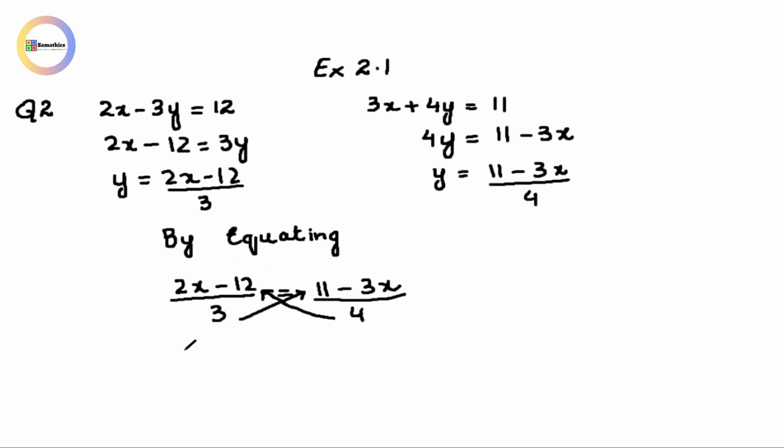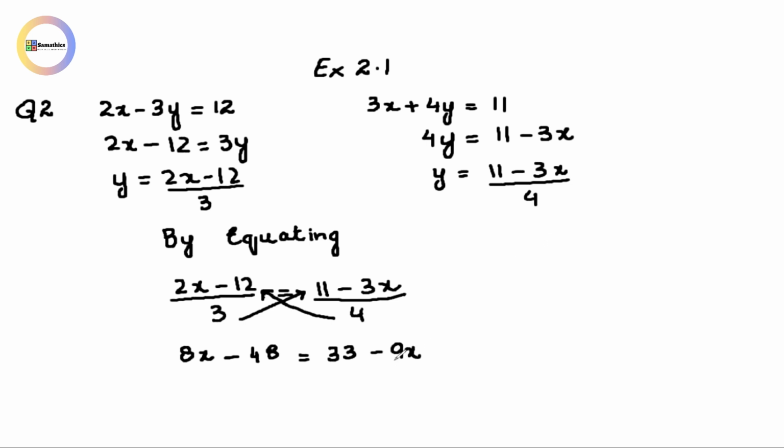So this will become 8x minus 48, and on the other side 3 is multiplied, so this will become 33 minus 9x, right?